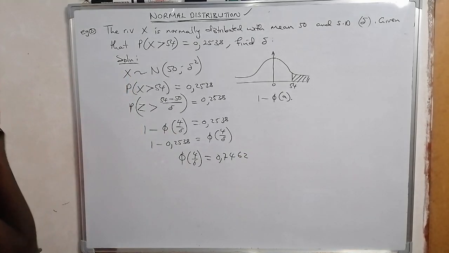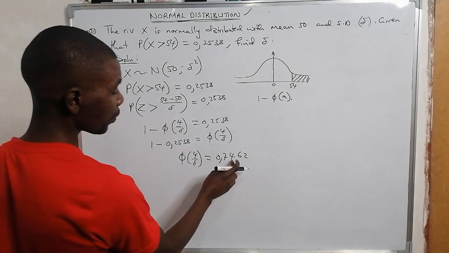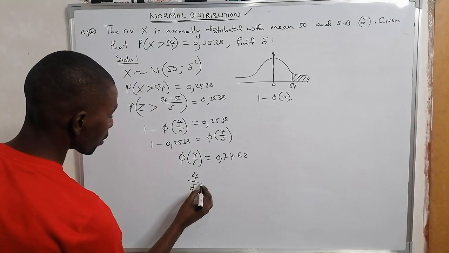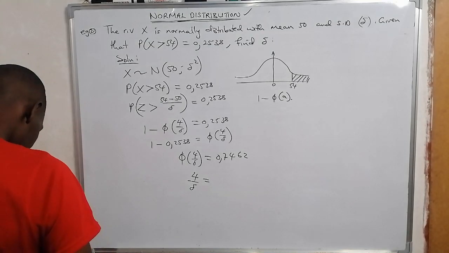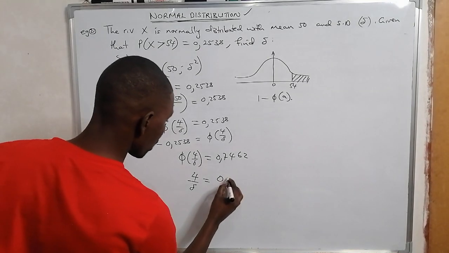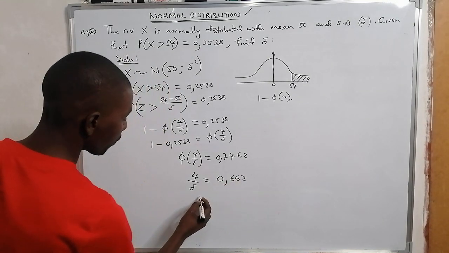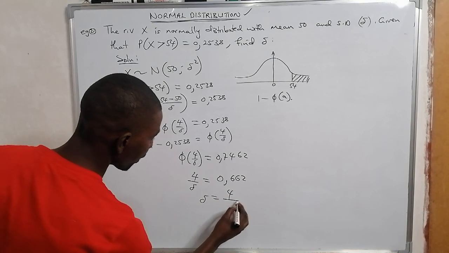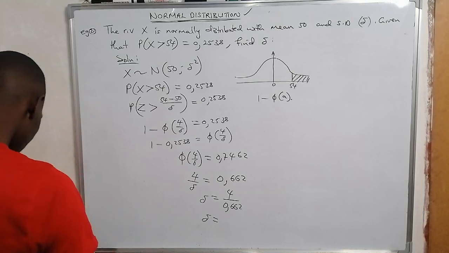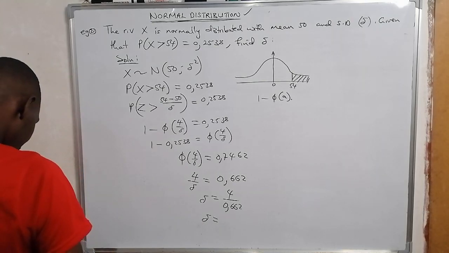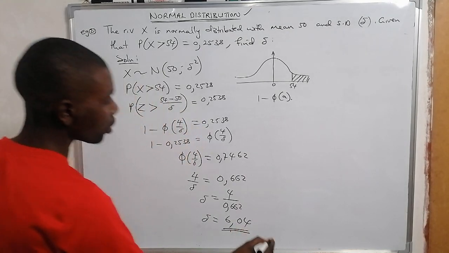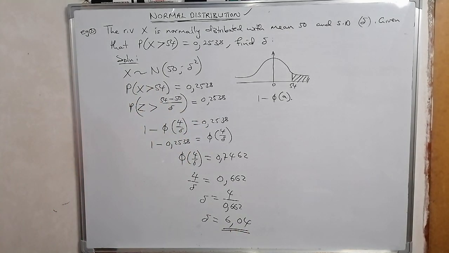Then from your tables you find 0.7462 inside, and you get 4 over sigma equals 0.662. Therefore our sigma is equal to 4 divided by 0.662, which is 6.04. So this is how you find your sigma.